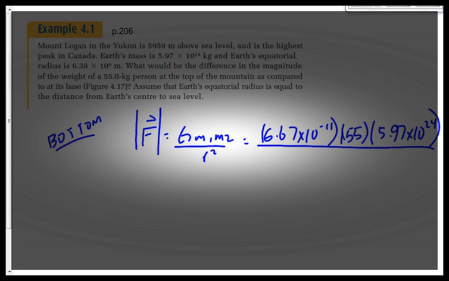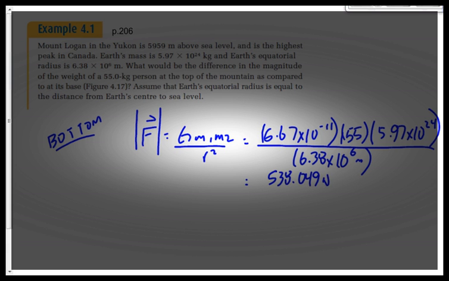What's 2 times 1? 2. Does it matter what order we multiply those numbers in? No. 55 times 5.97, 5.97 times 55 doesn't matter. At the bottom of the mountain, the Earth's radius is 6.38 times 10 to the 6 meters. Let's get that number for force now. We get 538.049 newtons.